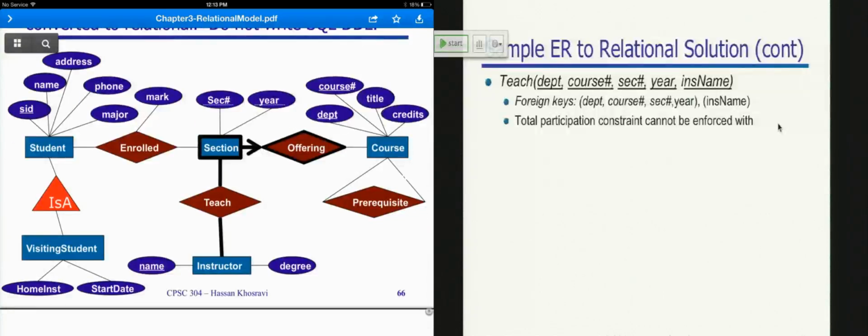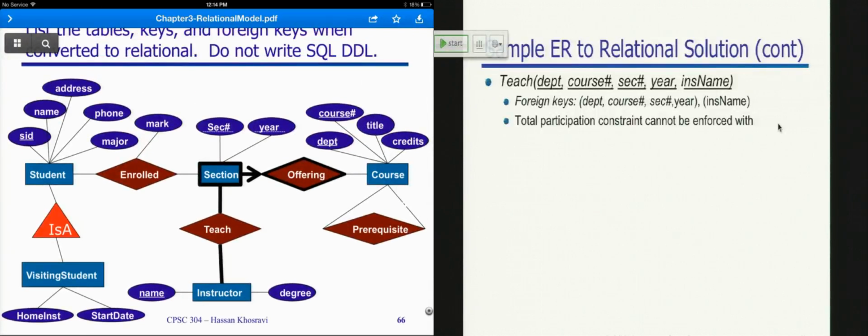The total participations, the thick lines that we have here, are the ones that we mentioned we cannot currently do, and we need assertions. Okay, so foreign keys, you need that from the offering table, and you need that from the instructor table. Total participation, we cannot show yet.